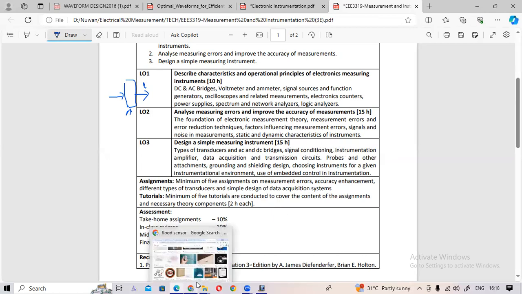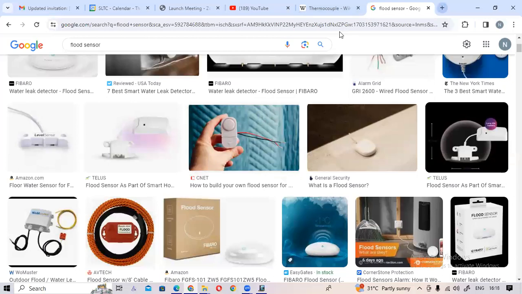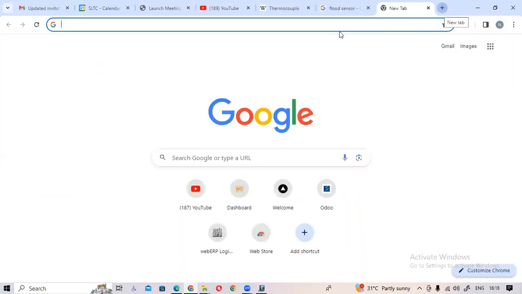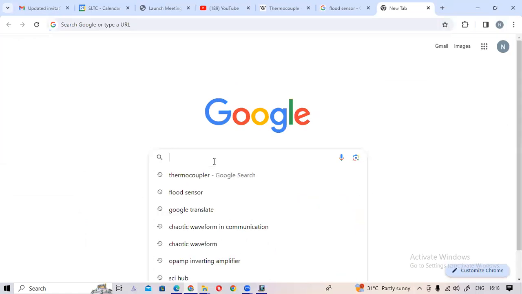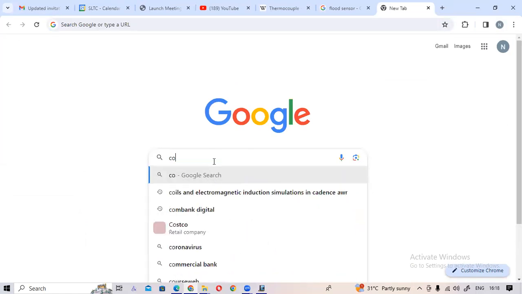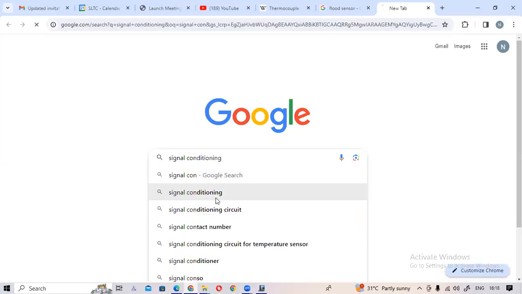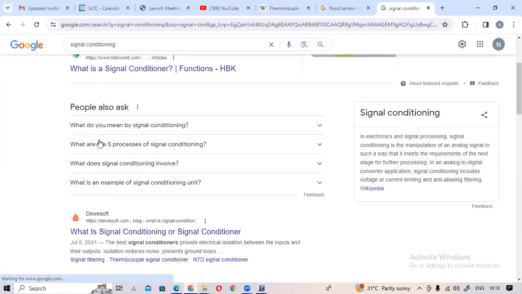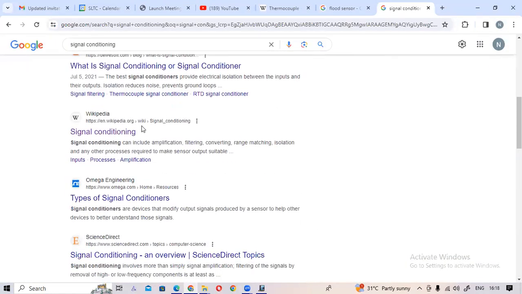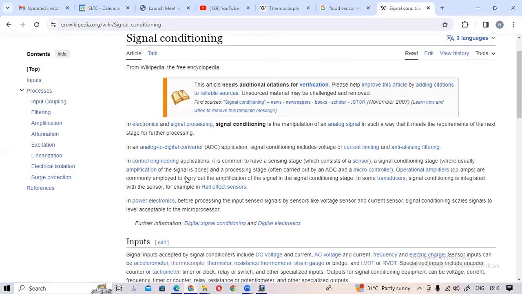I don't know the definition. So let's see whether there is some definition. Yeah, this is the word.